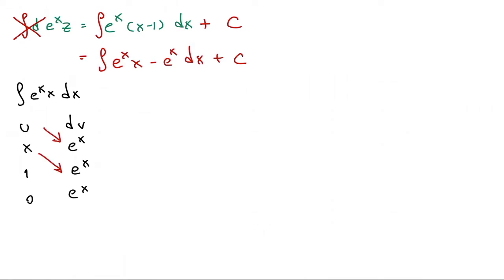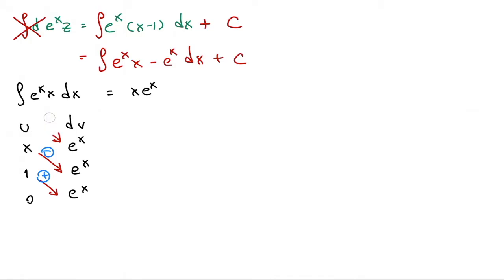Okay, so it's like that, and then it's plus minus plus, right? This one you keep differentiating, and here you keep integrating. Okay, so this integration is x e to the x. Oops, sorry, it's an error.